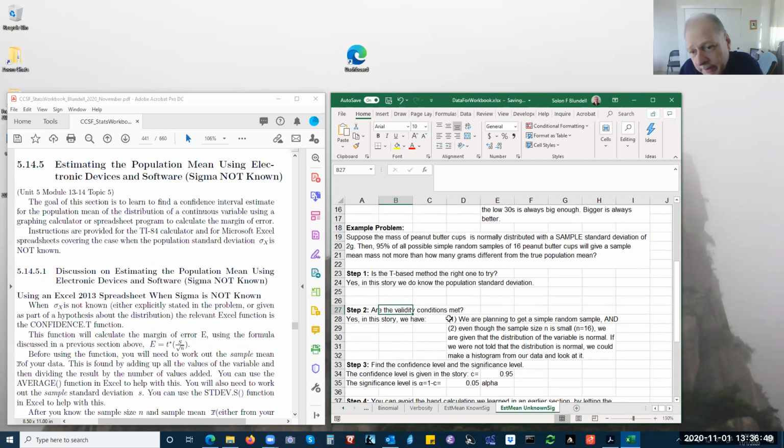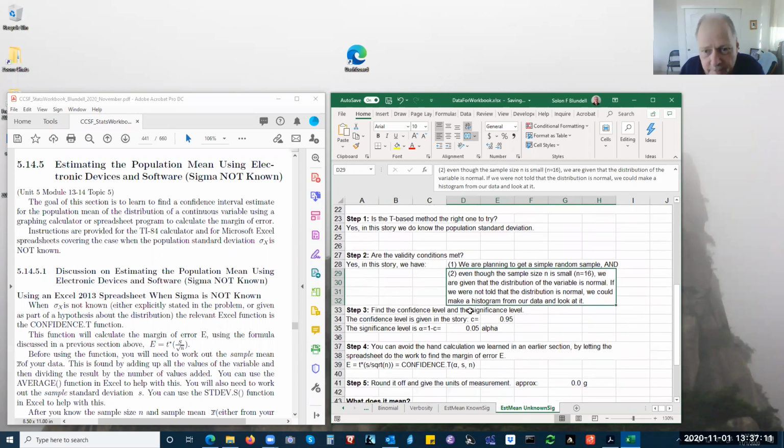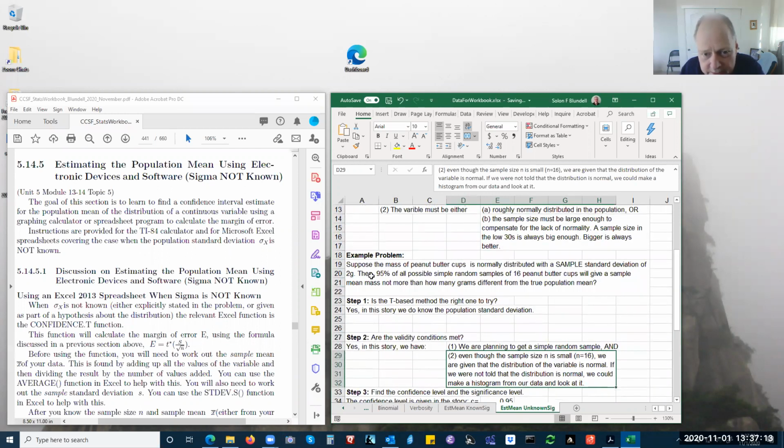And yes, in this story, we are planning to get a simple random sample, number 1. And number 2, even though the sample size is small, we're told in the story that the distribution is normal. So the confidence level in the story is this 95%.